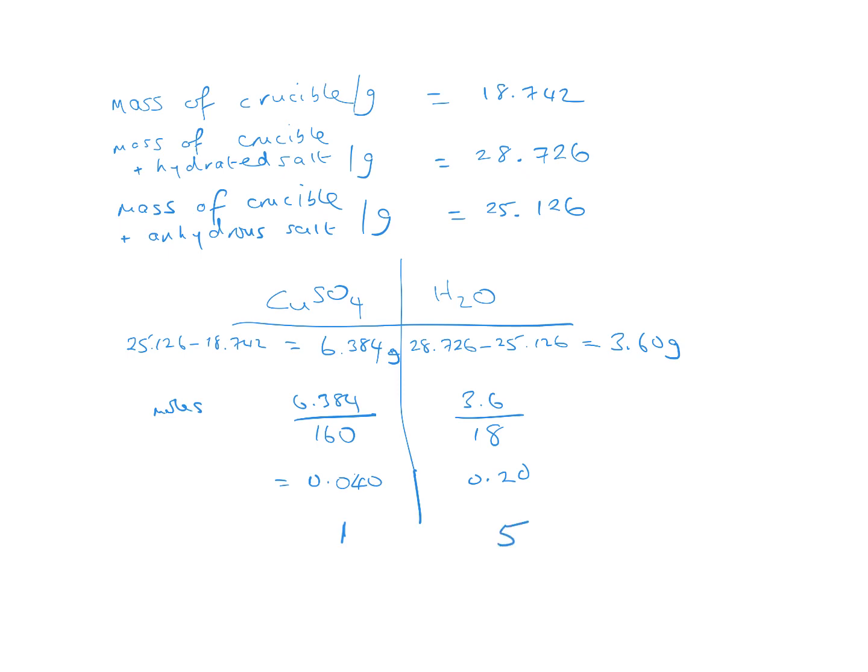Now when you do these calculations, the number of moles of water will always be close to a whole number. You don't need to multiply it up by 2 or by 3. So now I can work out the actual formula of the hydrated copper(II) sulfate. It would be CuSO4.5H2O.